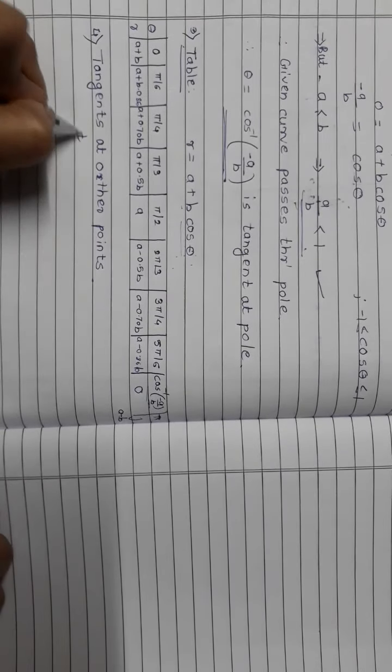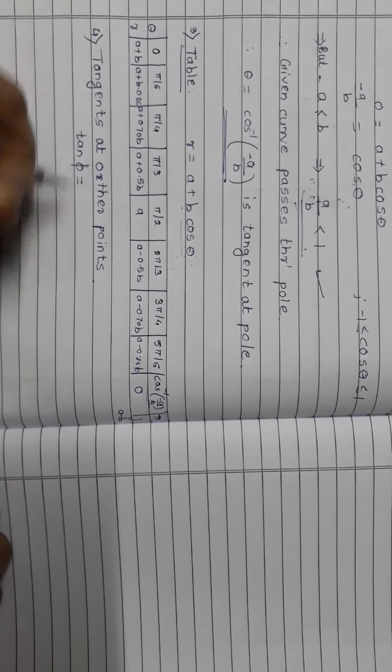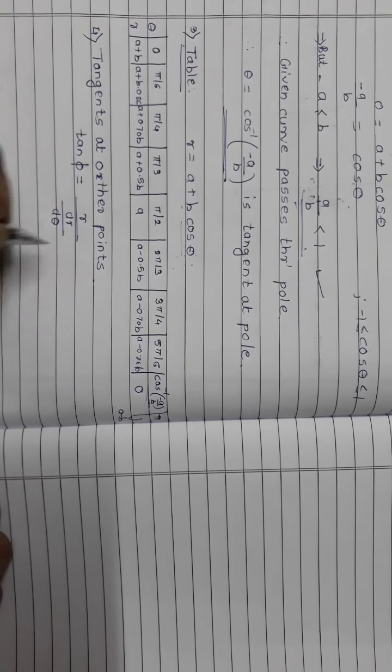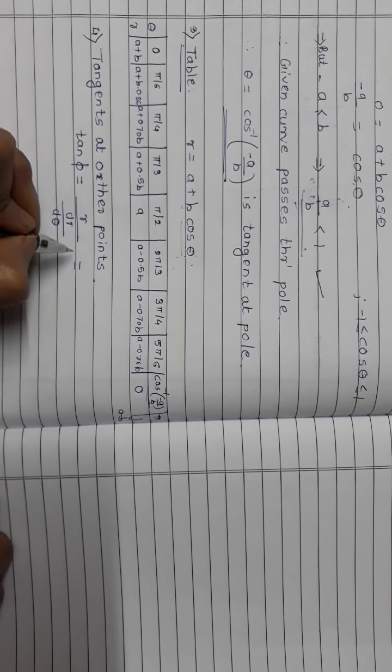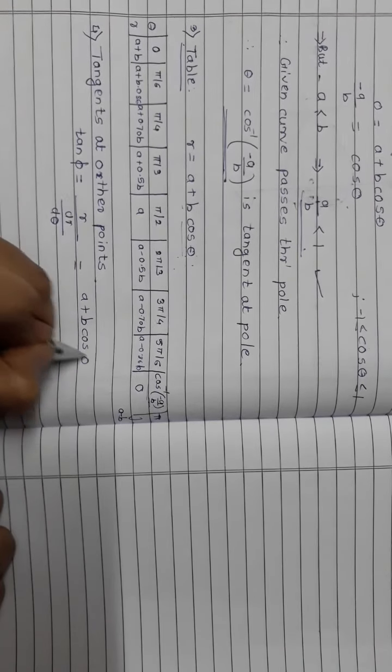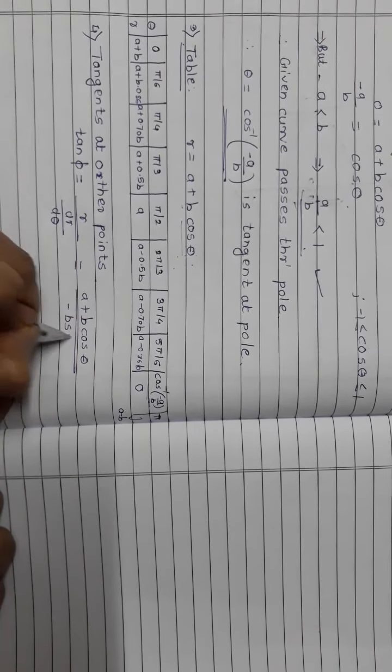Right, so for that what you need to figure out is tan phi, which is r upon dr by d theta, so that is nothing but a plus b cos theta divided by minus b sin theta.